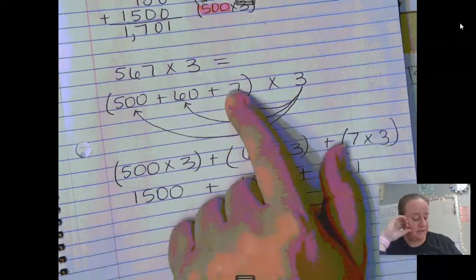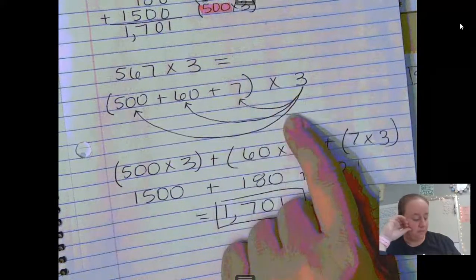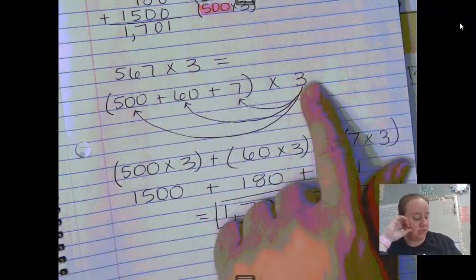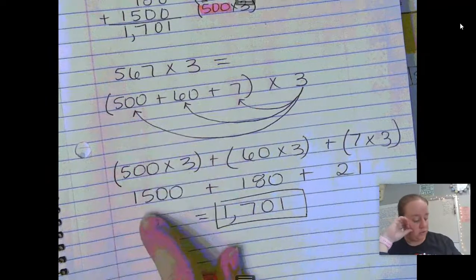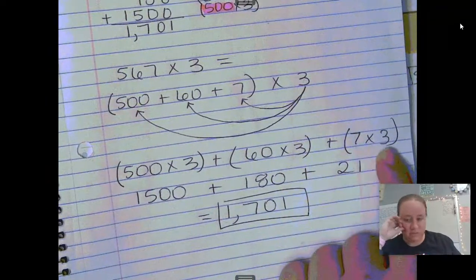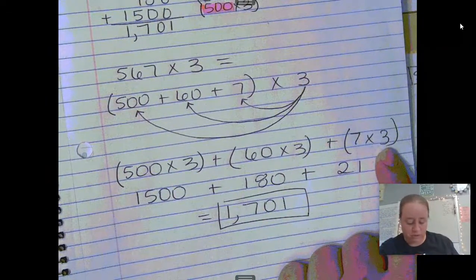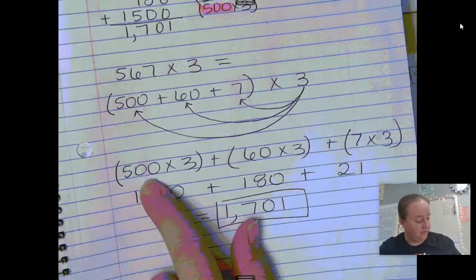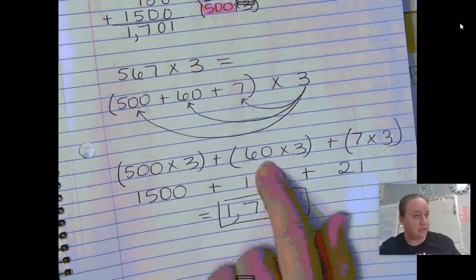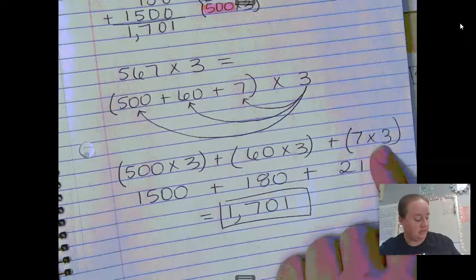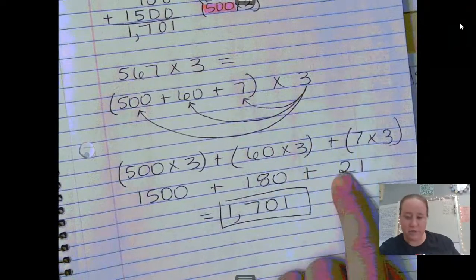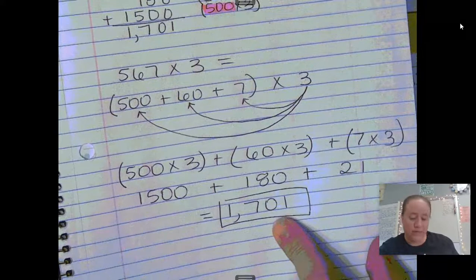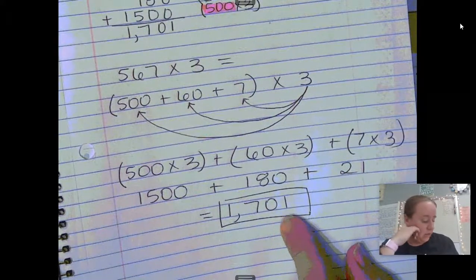So 3 times 7, which is the same thing we did up top, 3 times 60, 3 times 500. And when we do that, this is what it looks like. So this is the distributive property written all the way out like that. And so we've got 500 times 3, 60 times 3, 7 times 3. We multiply that out. Here's our partial products. Add them up, and we get our same answer there.